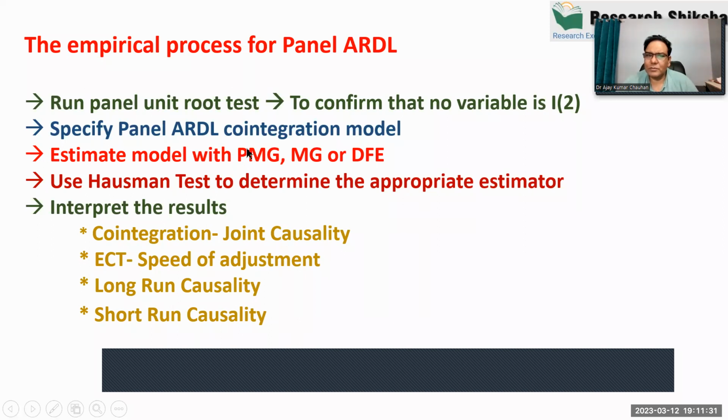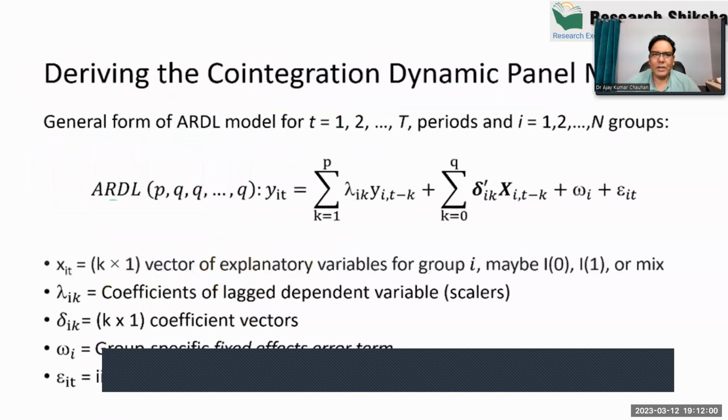There are three options: PMG, MG, and DFE. MG is a little difficult to apply in Stata, so we normally check between PMG and DFE, and whichever is best is decided by the Hausman test. Once the Hausman test says it is DFE or PMG, we go for that, and then we interpret. This is the way we go for panel ARDL model.